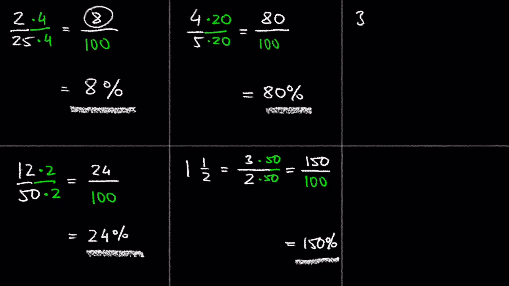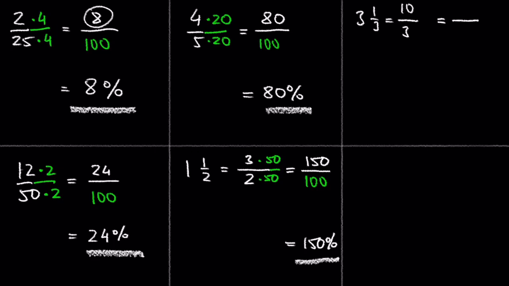What about 3 and 1/3? 3 times 3 is 9, plus 1 is 10. So we get 10 over 3. How can we make 100 out of the 3? This is a little bit tricky.